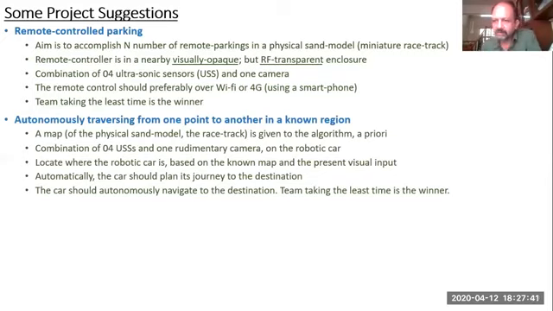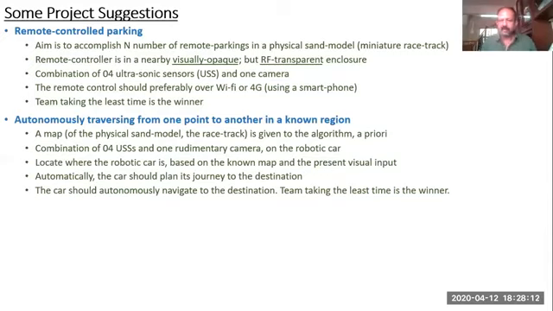Another challenge which you can have amongst your group of colleges is autonomously traversing from one point to another in a known region. The map of the surroundings, or of that so-called miniature racetrack, has already been given to the participants, and they've been given 3-4 months to work on it. What are they expected to do? Finally their vehicle will be placed in that area. It's a sand model, meaning all these blocks and everything are there.